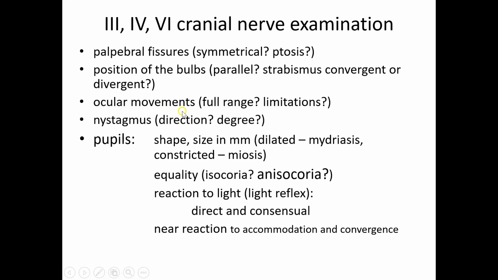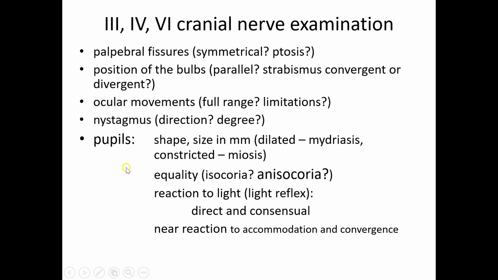You must check ocular movements, full range of movements. If there is any limitation, you must note it, and the direction of the limitation of eye movements. You must check for nystagmus, and in which direction, and the degree of nystagmus, which actually is not associated with this presentation.